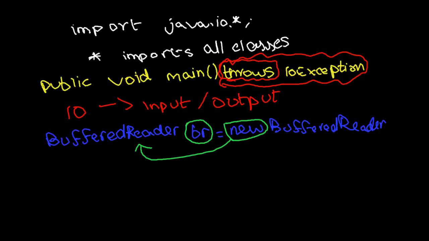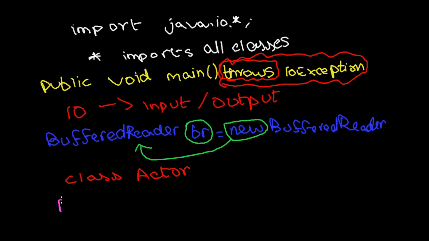If you had to create an object for your own class, suppose your class was called Actor, and you wanted to create an object called, let's say, Charlie Sheen.